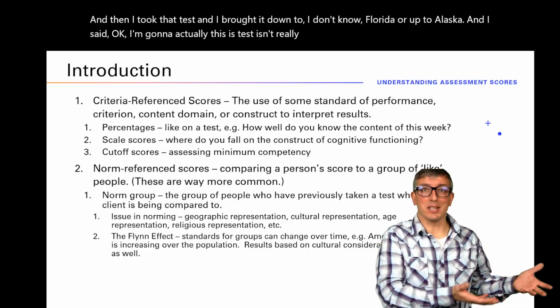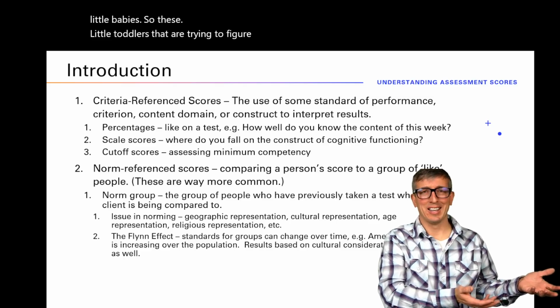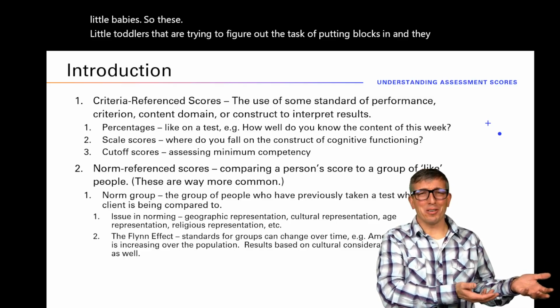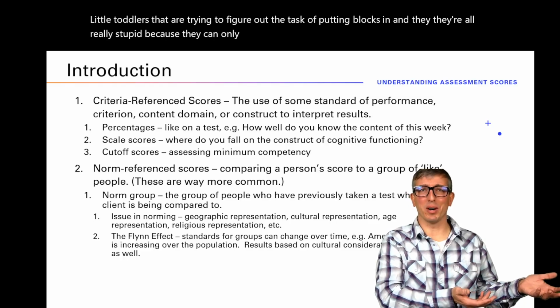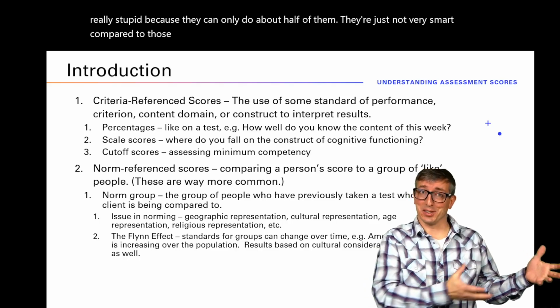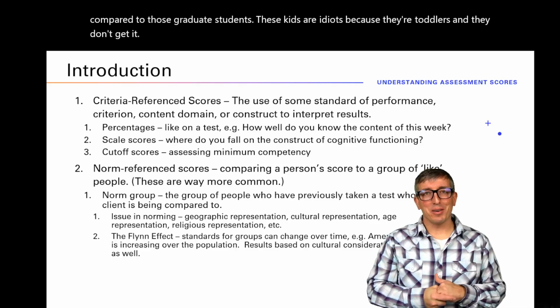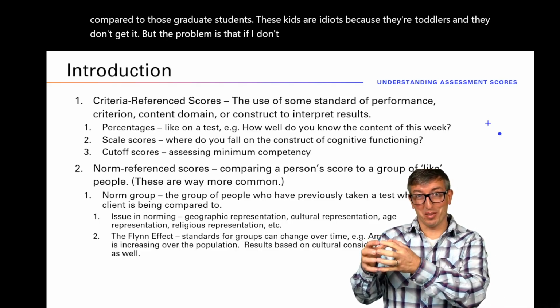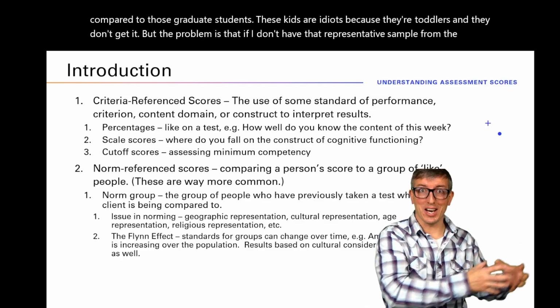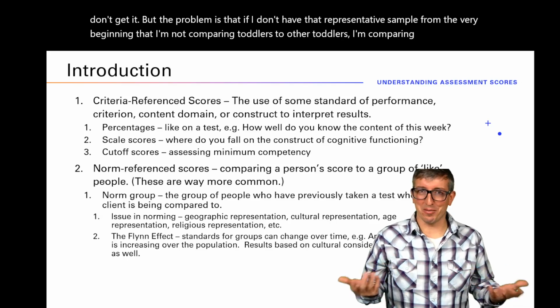It's for little toddlers that are trying to figure out the task of putting blocks in. And they're all really not very smart because they can only do about half of them. Compared to those graduate students, these kids look like idiots because they're toddlers and they don't get it. But the problem is that if I don't have that representative sample from the very beginning, then I'm not comparing toddlers to other toddlers. I'm comparing them to graduate students, and that really isn't fair.